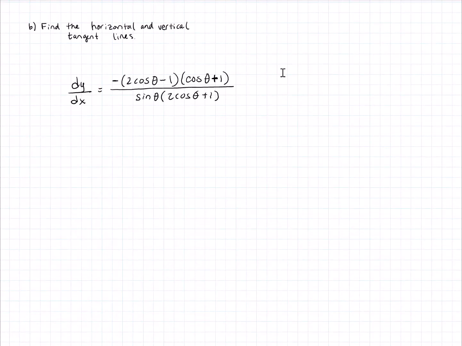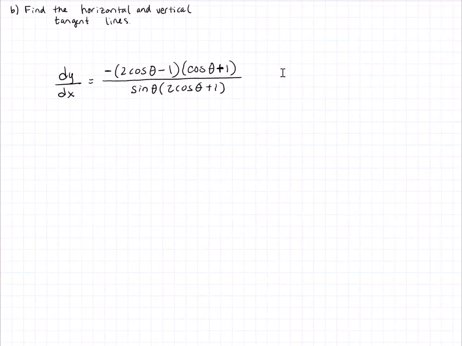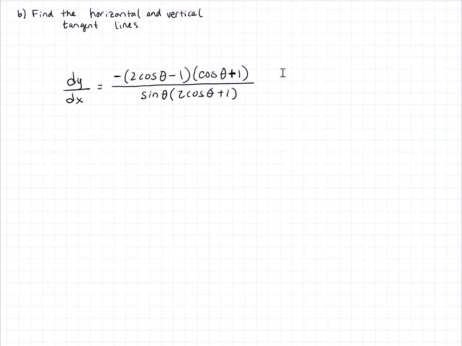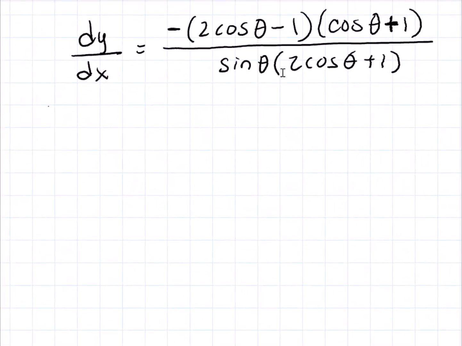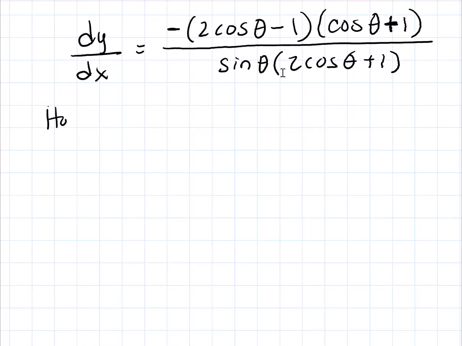And so when we find vertical and horizontal tangent lines of parameterized equations, and we're looking at this dy dx, this is again coming out of the last parametric equation section, where we know that our horizontal tangent lines occur when dy dx equals 0.